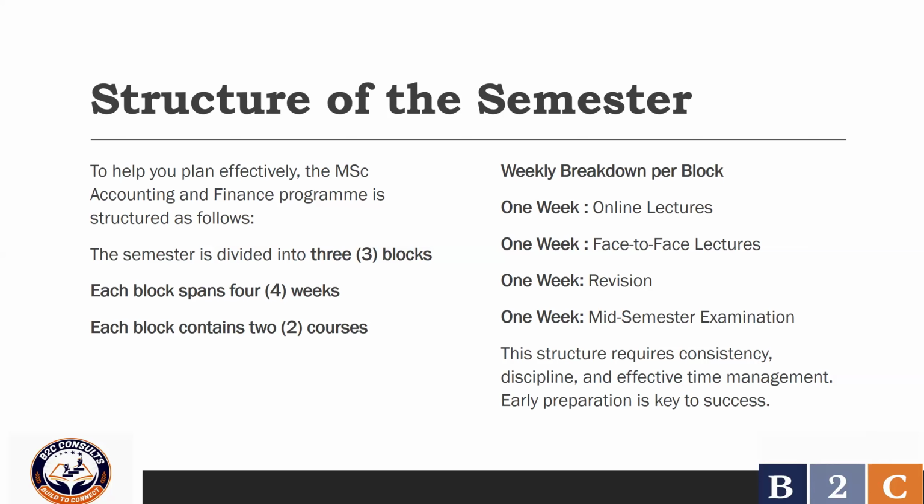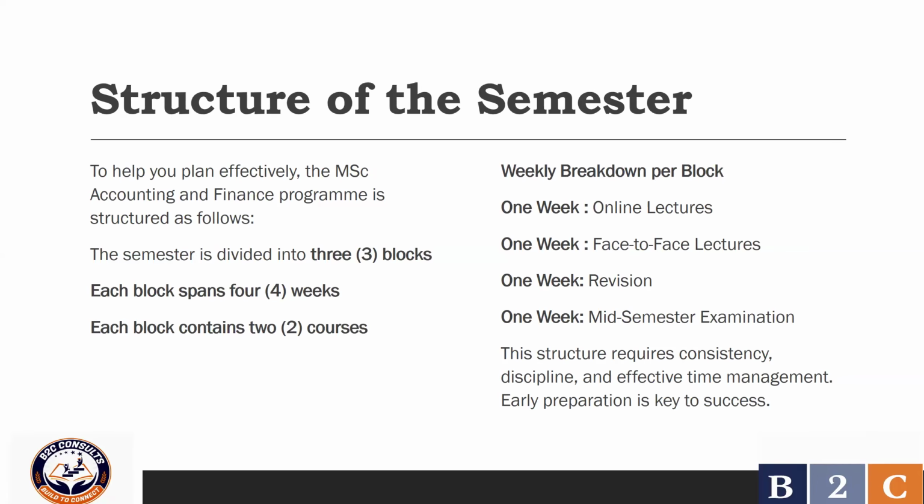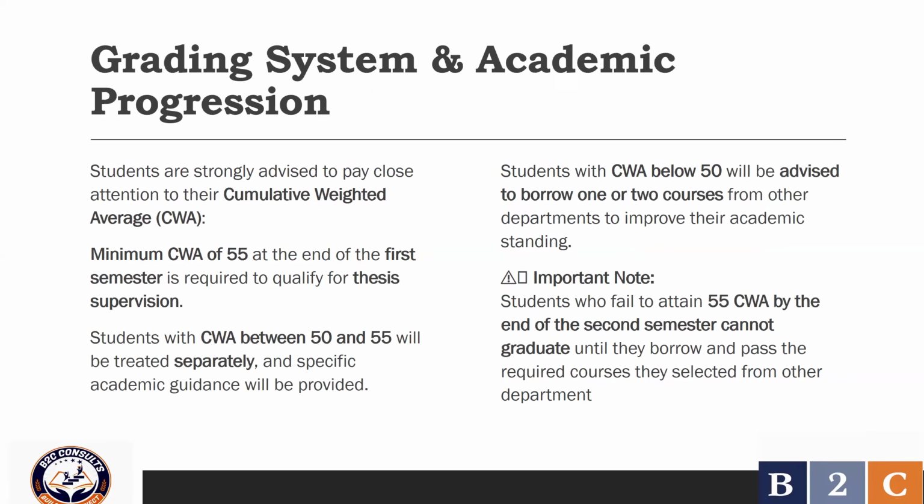Then in the last week of the block, we all write our mid semester together. So there will be three mid semesters in every full semester, and then you top it up when you are done with all the lectures and mid semesters. Lastly, you write your end of semester.